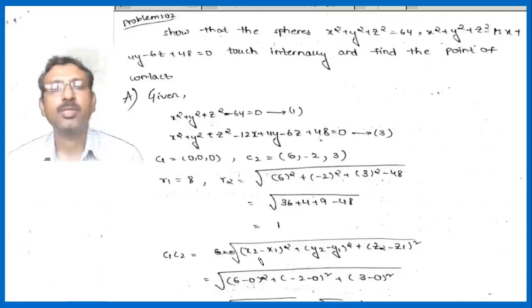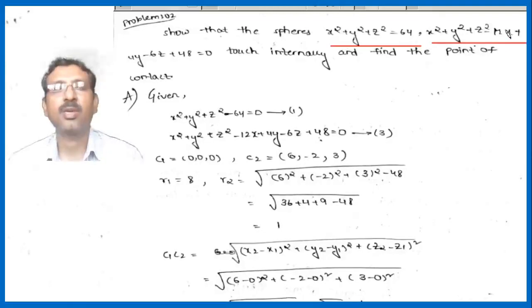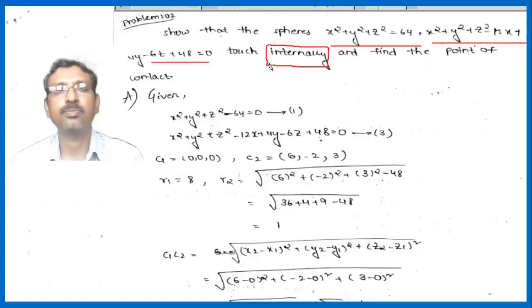Show that the spheres x square plus y square plus z square equal to 64 and x square plus y square plus z square minus 12x plus 4y minus 6z plus 48 equal to 0 touch internally, and find the point of contact.